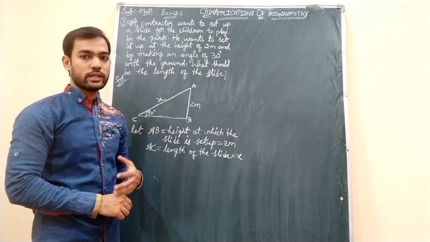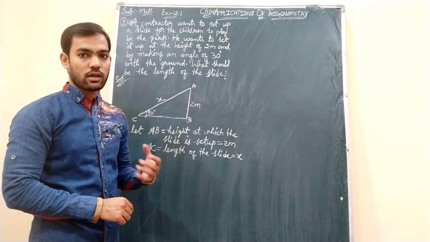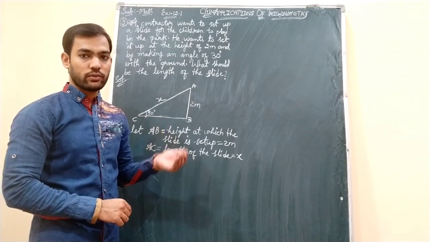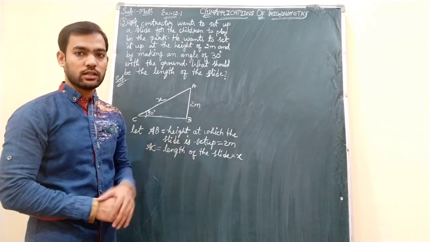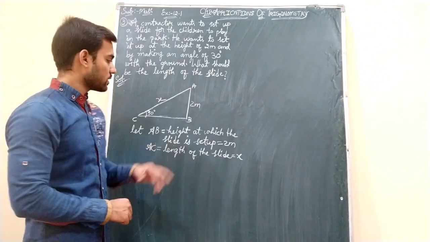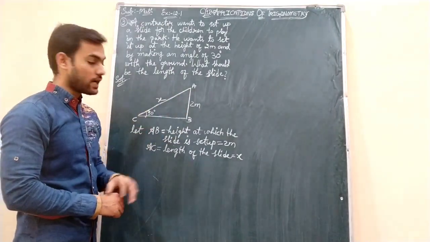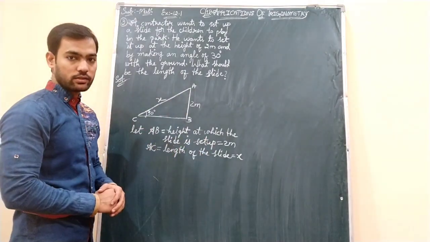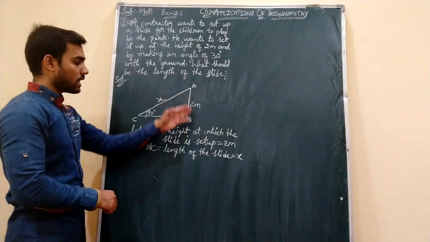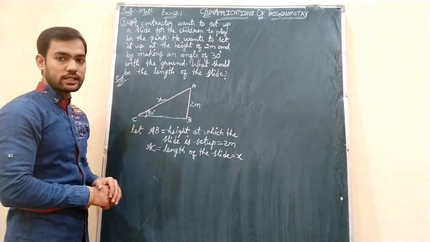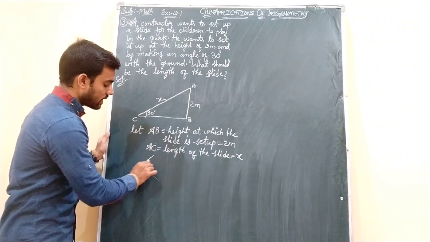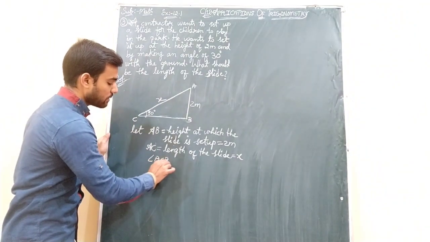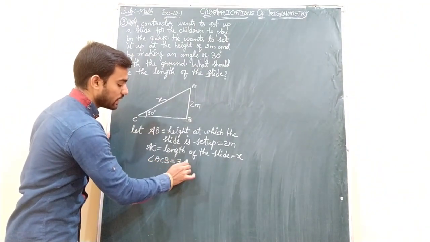So, remember students, for another thing we will take X or Y. For heights it's good if you take H, and for the distance it's good if you take D. Okay, so here length of the slide is asked, that is the reason I have taken it as X. Okay students, so now as we are having AB and we need to find out AC. This angle is given, that is angle ACB equals 30 degree.